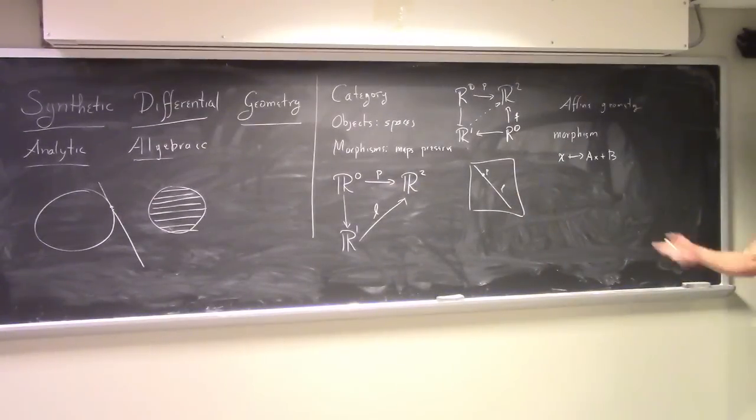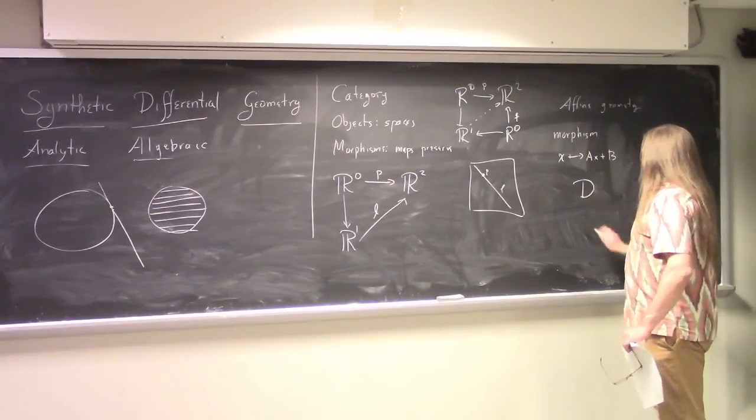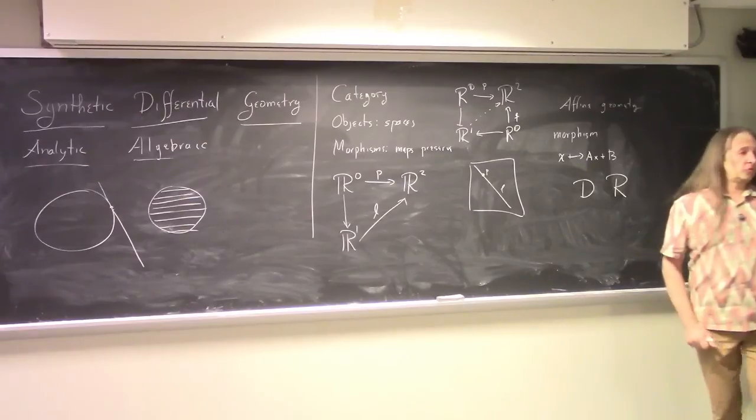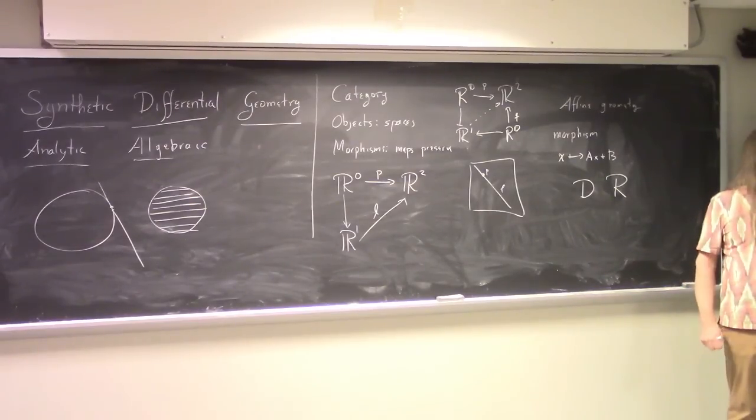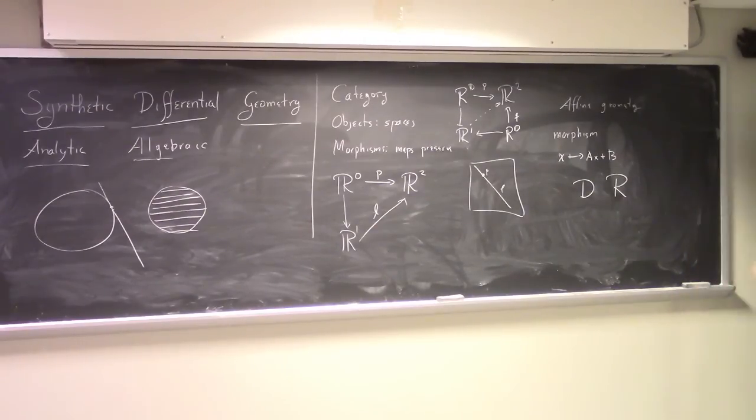So by the way, corresponding to D, just as a matter of notation, I've used the boldface D and the boldface R to stand for the rings. And the spaces corresponding to them, I'm going to write in ordinary font.